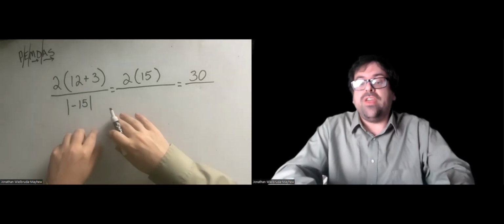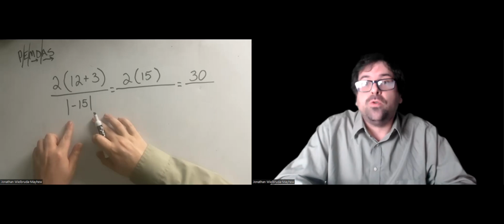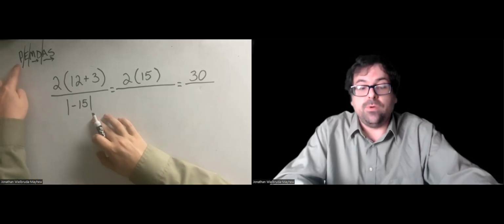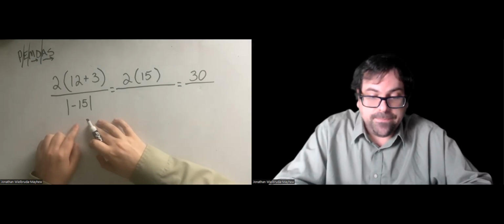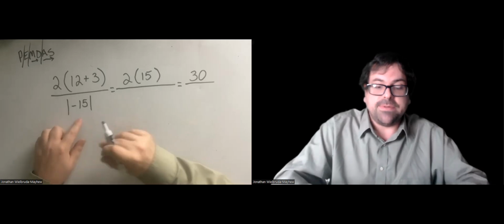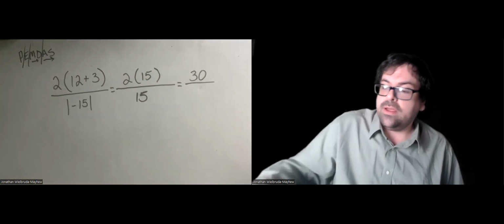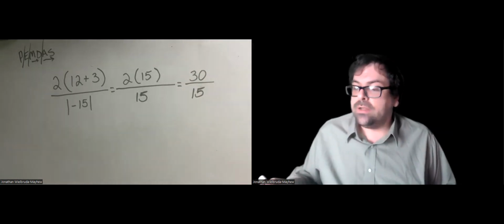But if there were other things happening down there, absolute value is a grouping symbol. So it would fall under parentheses. We would work inside the absolute value in a first step. The absolute value of negative 15 is positive 15. Nothing else to do to that, so let's carry it over to here.